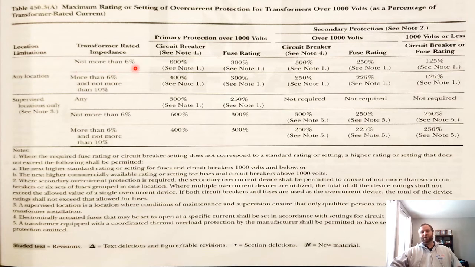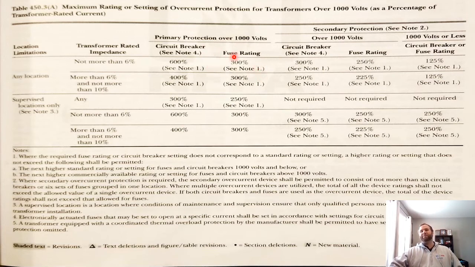Then I would use either the row not more than 6% impedance, or more than 6%, not more than 10% impedance. I said our impedance was 2.2%, so I'm going to use this row here. I have a fuse rating that follows up with, it's an any location transformer, it's over 1,000 volts, and its impedance is less than 6%.